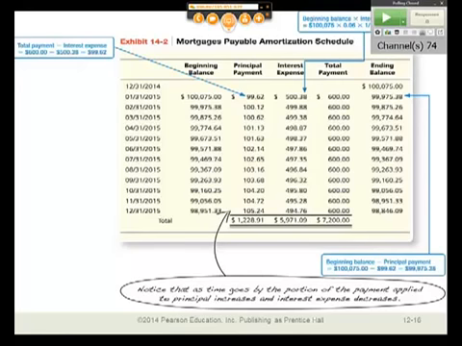Now, this note, I know it's hard to read, but I'll tell you what it's saying. As I mentioned before, if you look at a mortgage, the early payments are mostly interest, and the early payments pay little of the principal.